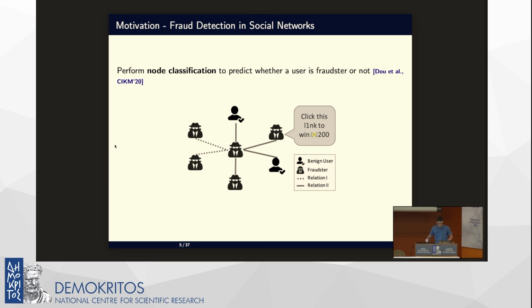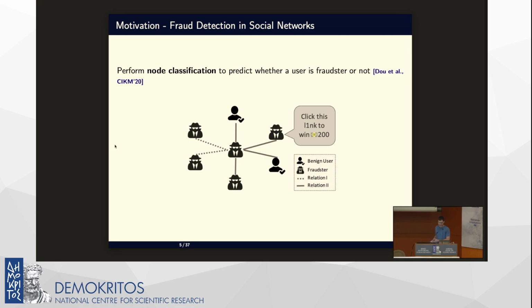I will try now to convince you why we need machine learning algorithms for graphs. And this is a subgraph of some social network. And the nodes represent some users. And in this social network, users are allowed to transfer money to other users. And there are some fraudulent users, in fact 5 of them in this network, that try to trick benign users and steal their money.